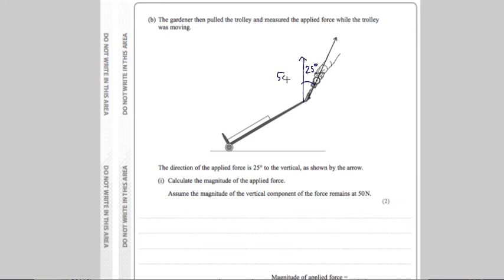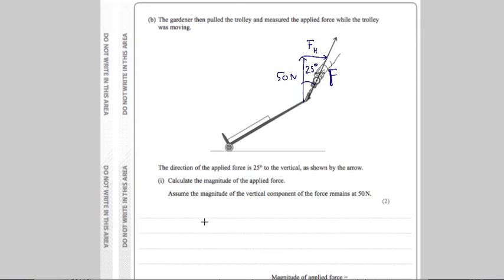So let's just draw a little vector diagram. We have 50 newtons here, and we have some horizontal component. Let's call it FH. So what's the magnitude of the applied force going to be? Well, first of all, let's work out what FH is going to be. This magnitude is going to be F.